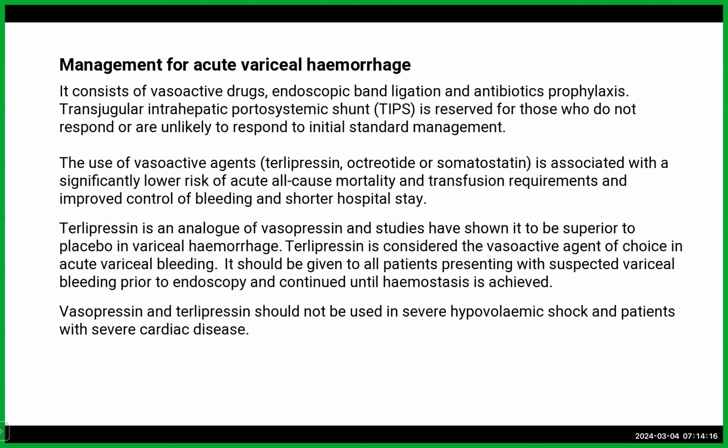The vasoactive agents used are terlipressin, octreotide, and somatostatin. They are associated with significantly lower rates of acute all-cause mortality and transfusion requirement, and they improve control of bleeding and shorten hospital stay. Terlipressin is an analog of vasopressin.